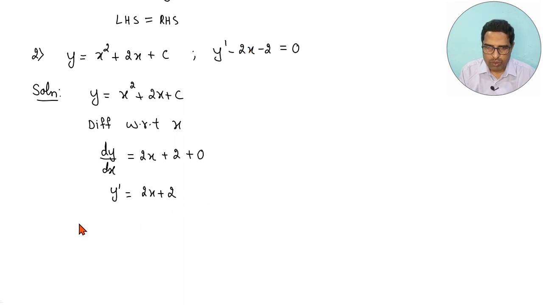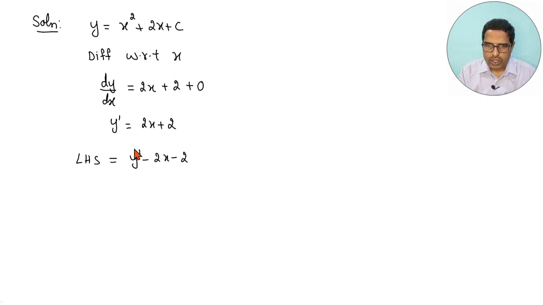So we take the left hand side of the given differential equation, which is y dash minus 2x minus 2. Let us substitute the value of y dash over here. Y dash value is 2x plus 2, and minus 2x minus 2 as it is.